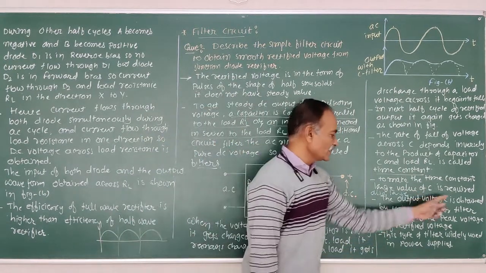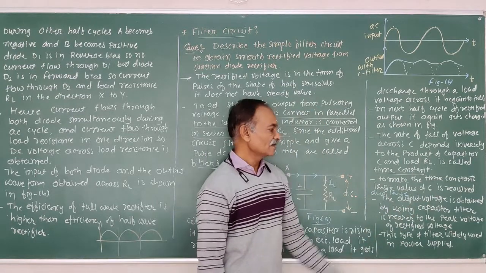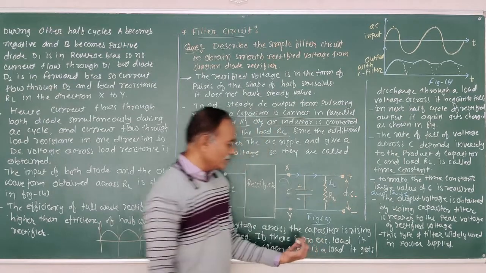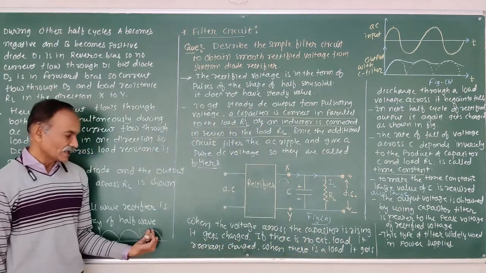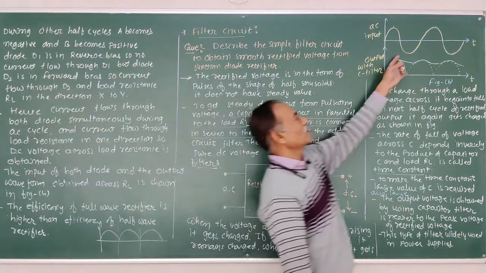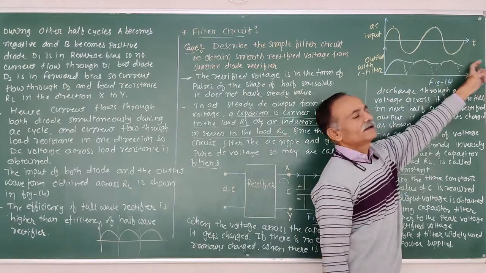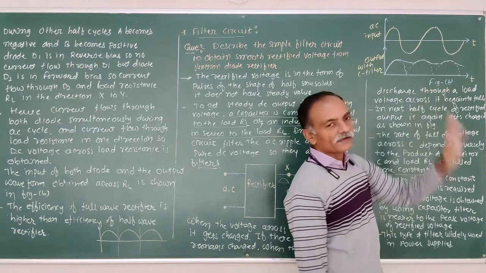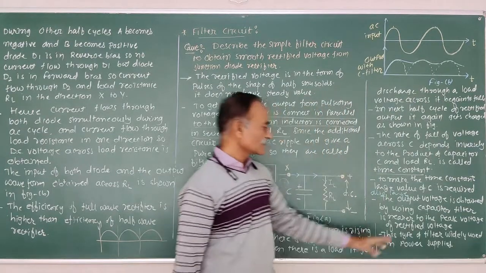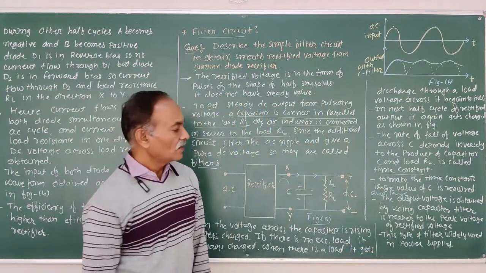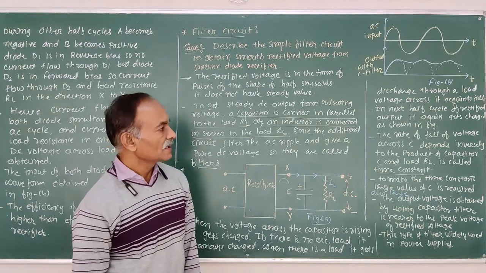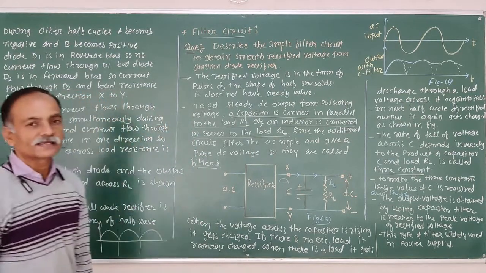The output voltage obtained by using the capacitor filter is near the peak value of the rectified voltage. So here the output voltage is almost constant, nearly the peak value of the rectified voltage. This type of filter is widely used in power supplies. So that is the filter circuit.